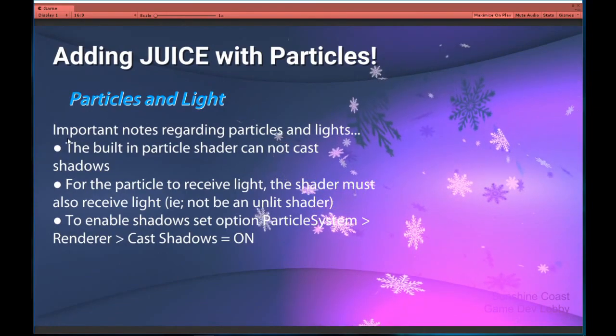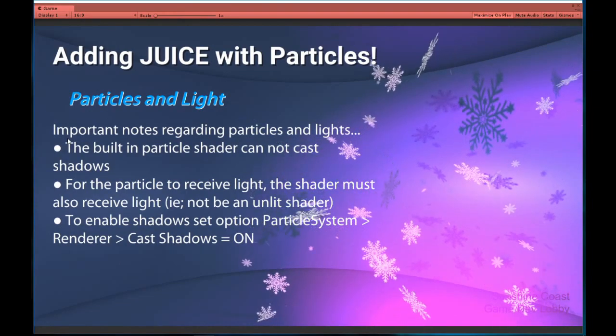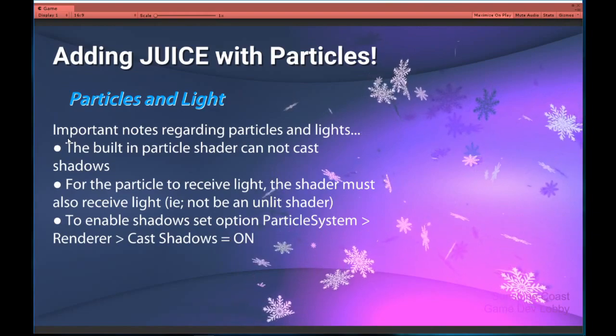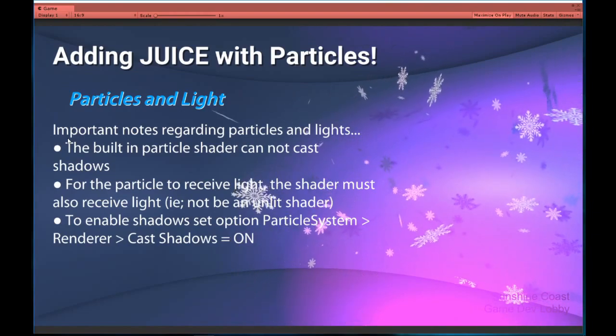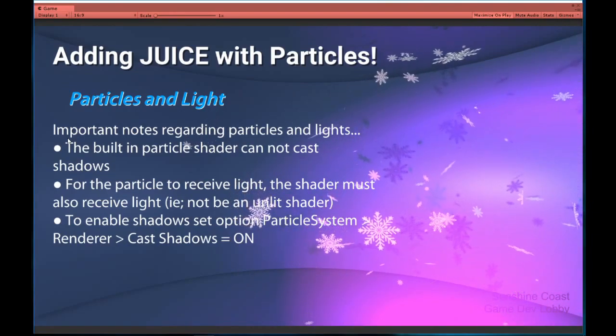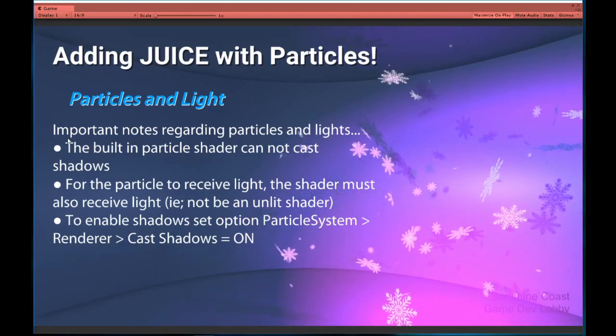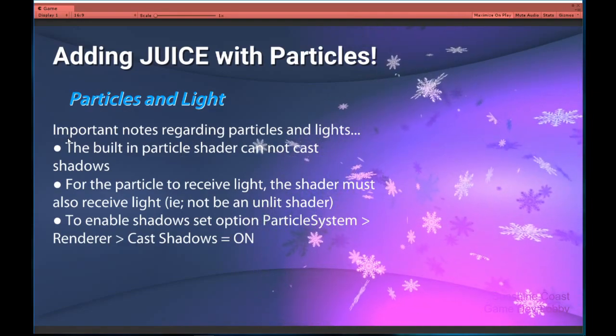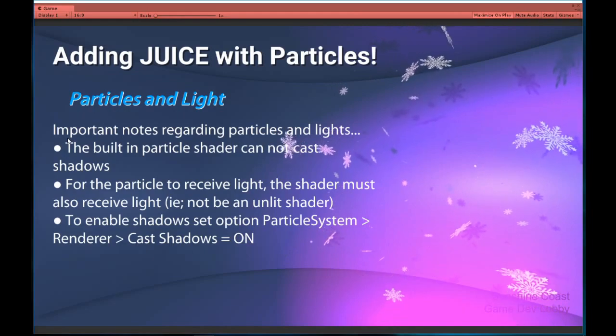Particles and lights. Now, this is really cool because not only can your particle cast shadows and receive lights, but it can also cast lights. This example isn't casting any, but it's just showing the shadow is.